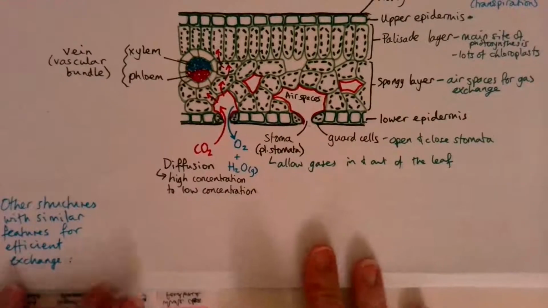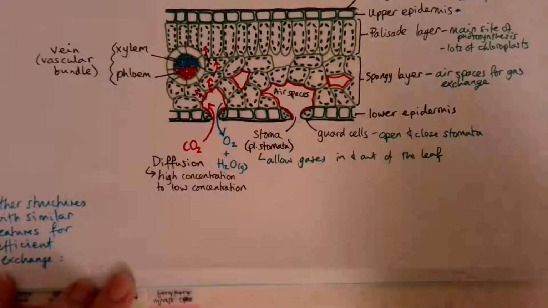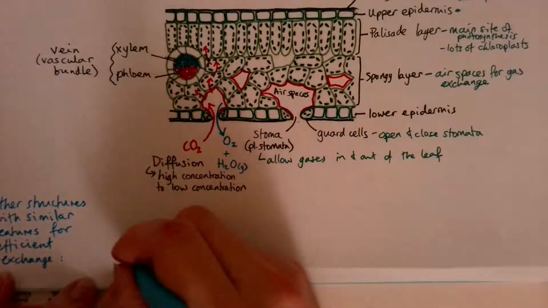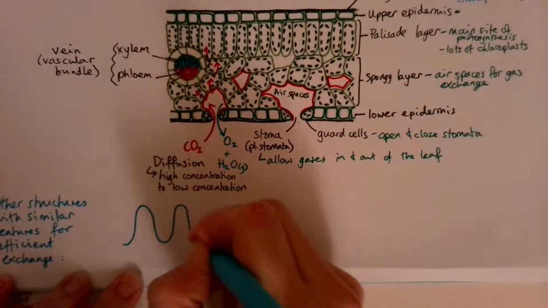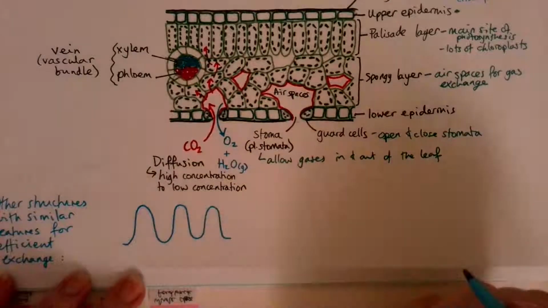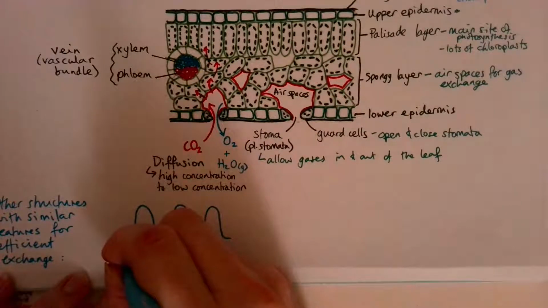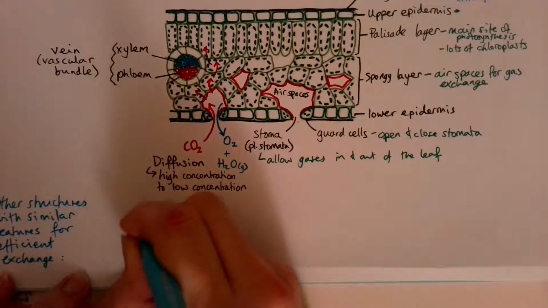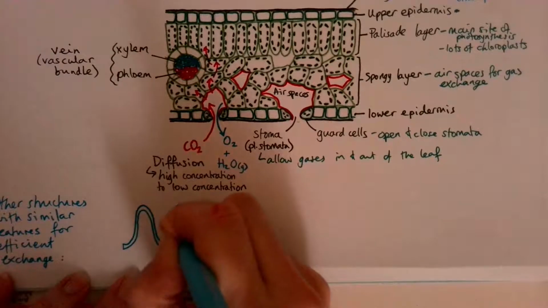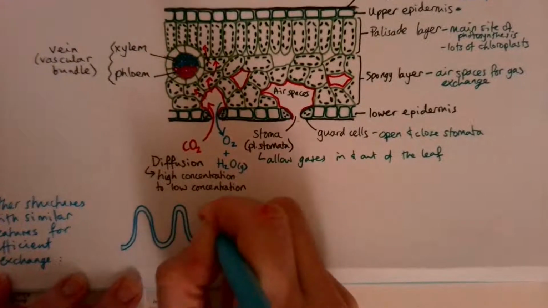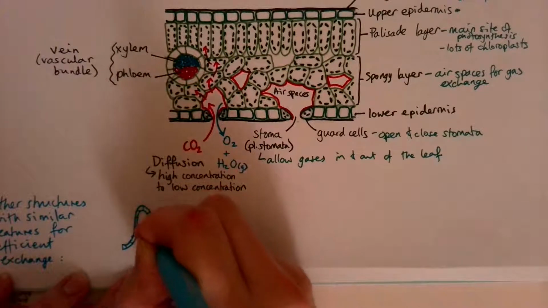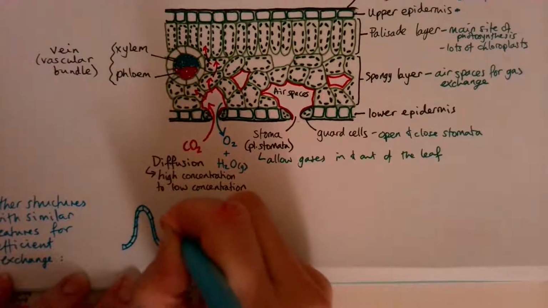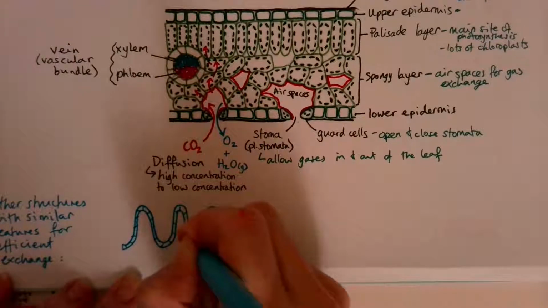So you will have learnt about villi when you did the digestive system. Villi are these finger-like projections on the surface of the small intestine, and they provide a much larger surface area. They are also only one cell thick. That's my one layer of cells there. So the diffusion distance is very short.